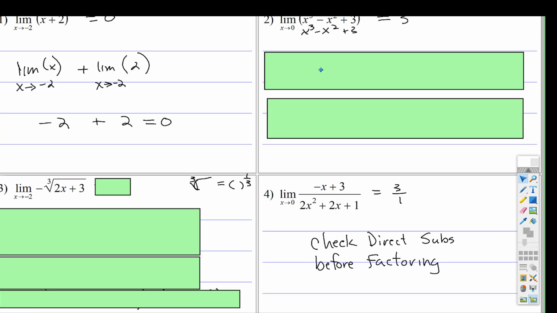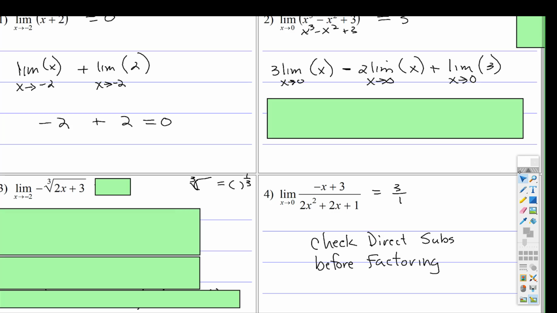When you plug that into the limit laws, remember, the limit of a cube is the cube of a limit, and the limit of a square is the square of a limit. So then we're going to write it as the difference and the sum.